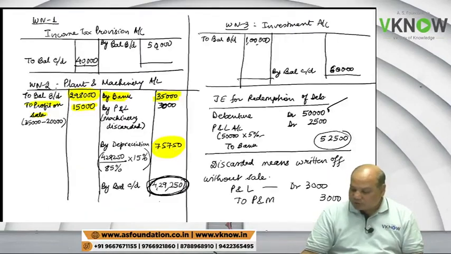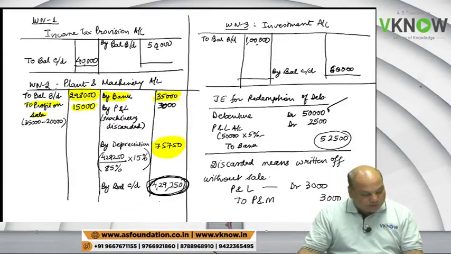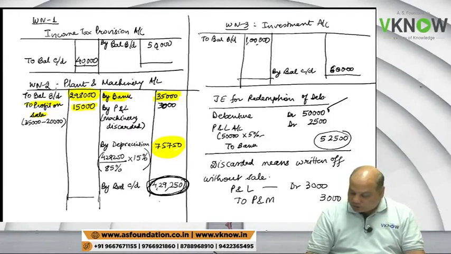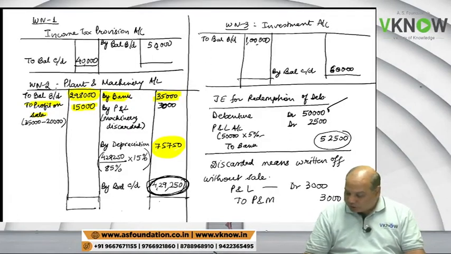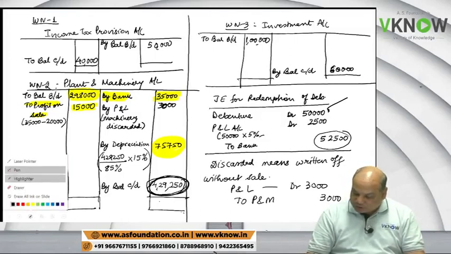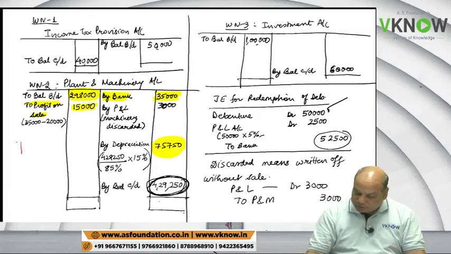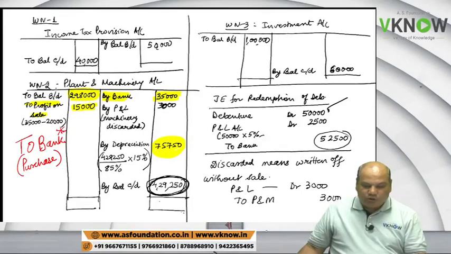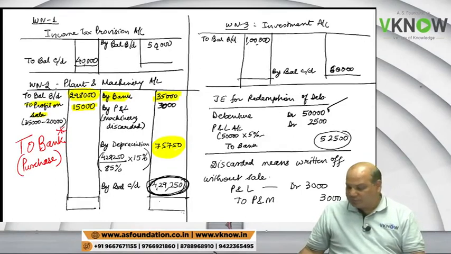Now come back to that machinery account. All adjustment relating to machinery are over. So please check whether this machinery account is tallying or not. If it is not tallying, there is some difference on the debit side. So that difference you write to bank, and that is the purchase value. Please let me know what is the purchase value of the machine.